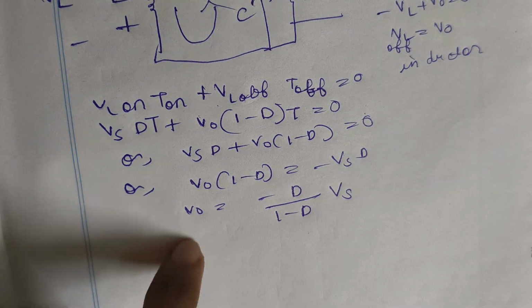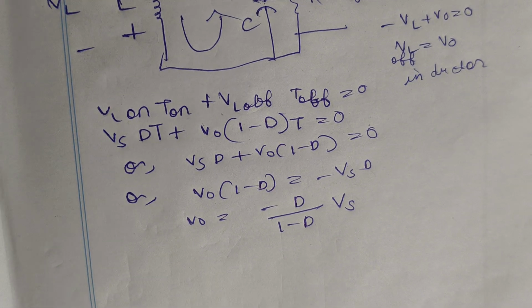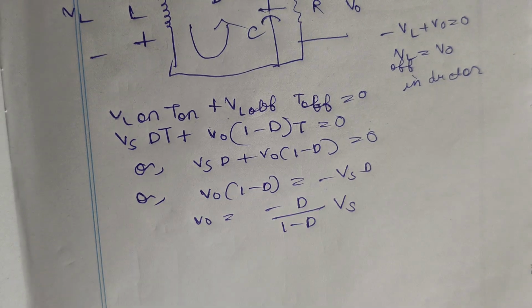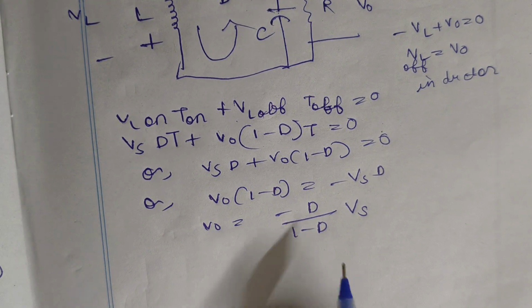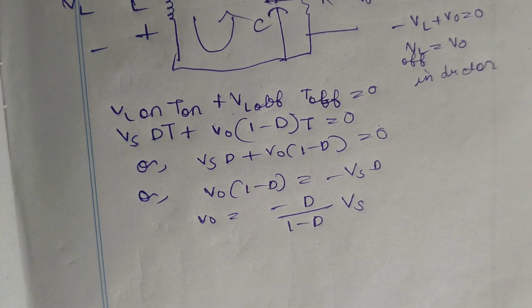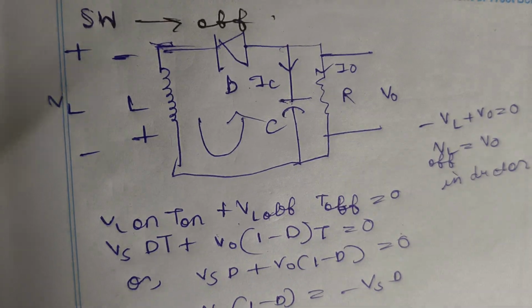Now as you can see, V0 is overall negative, because the maximum value of the duty cycle can be 1, so 1 minus D is always positive, D is always positive, and supply voltage VS is always positive. So this part is always positive, and negative into positive becomes negative, so the output voltage is negative. But why is the output voltage negative? See the diagram.